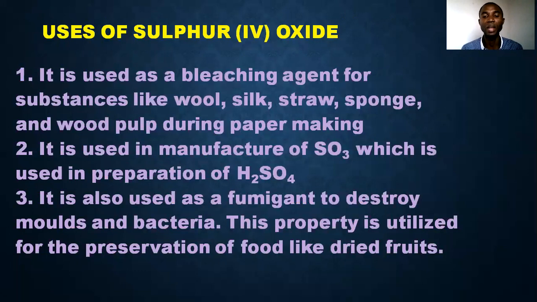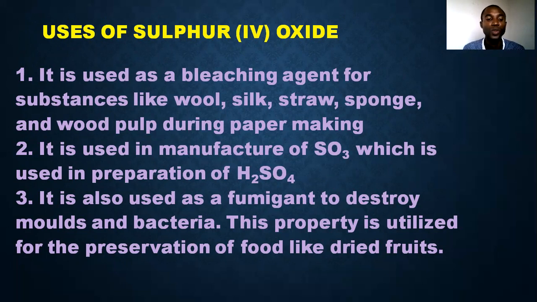And it is used in the manufacture of SO3, trioxosulfate, which is used in the preparation of tetraoxosulfate VI acid. It is also used as a fumigant to destroy woods and bacteria.